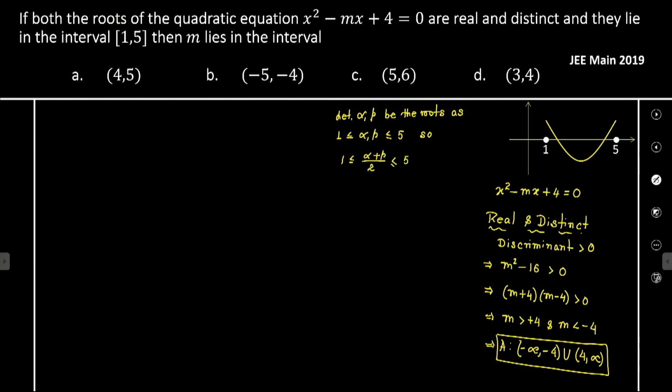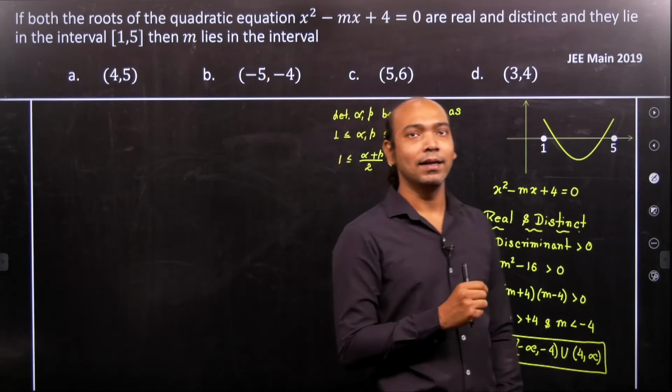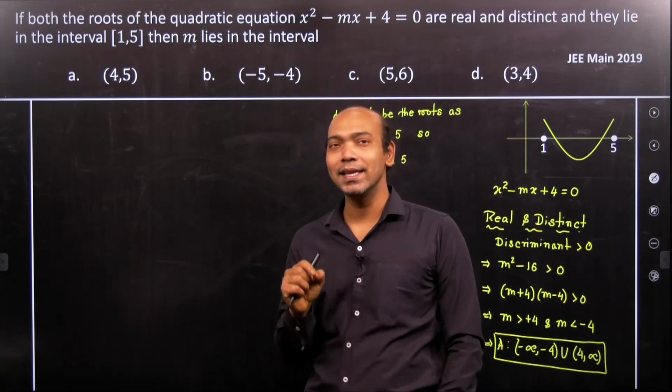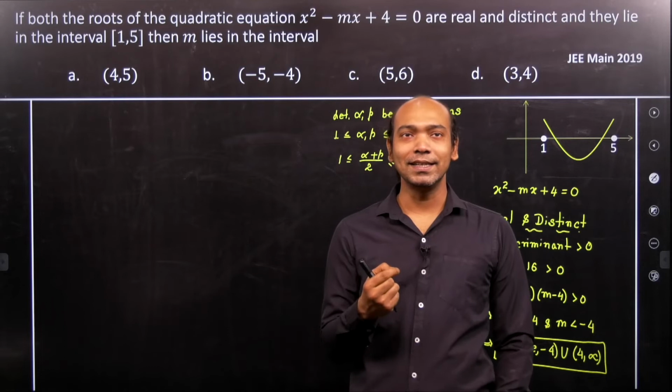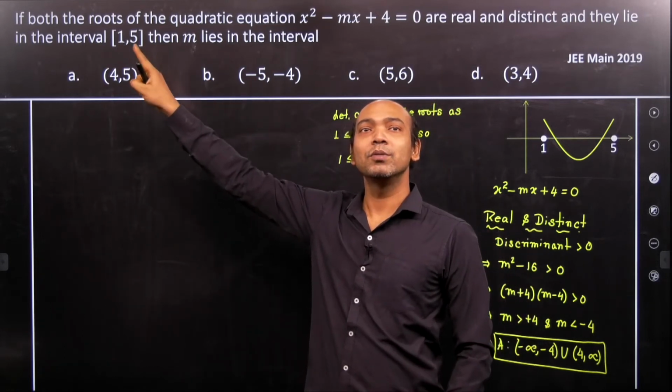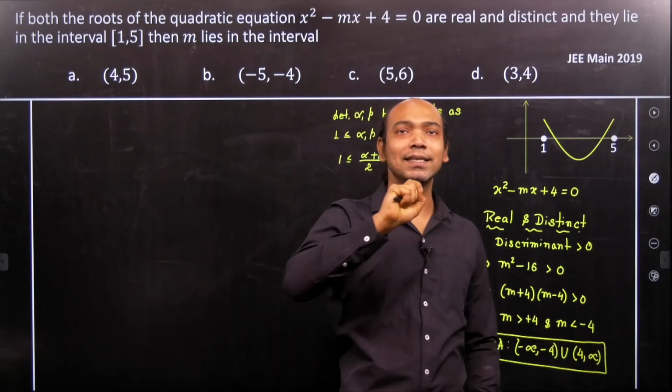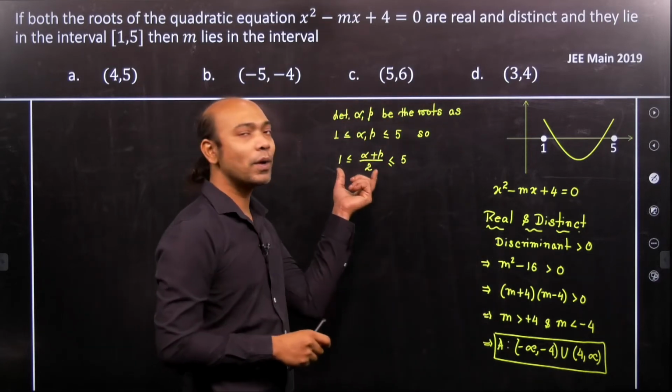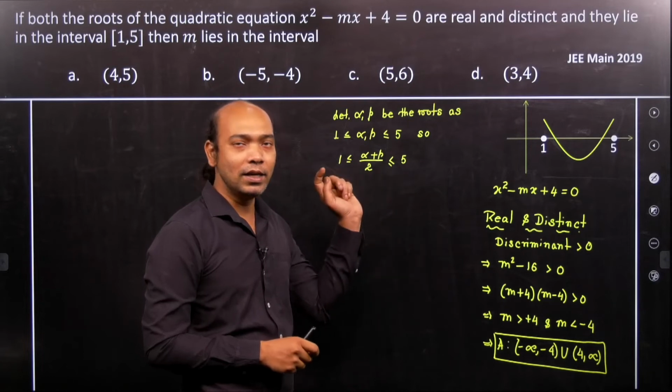Okay, that's it. Notice carefully that in this case we have to think about the condition stating that it lies inside the interval 1 to 5, right? It's a closed interval, so that's why we consider the equal to sign.